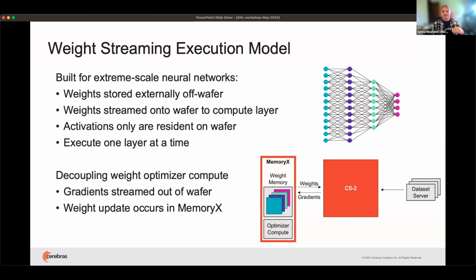And then what happens is we're not actually storing the weights on wafer even temporarily. As we propagate through all of those processing elements, those 850,000 cores we mentioned, we're discarding the weights and only storing the activations for each layer, because that is ultimately all we need to compute the gradients and update our model in the backward pass. Because of this, we can execute one layer at a time and only store the activations we need.